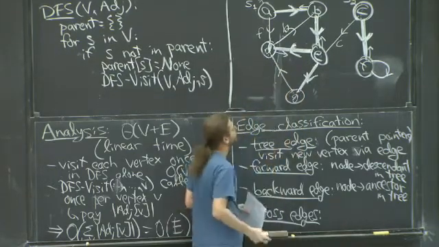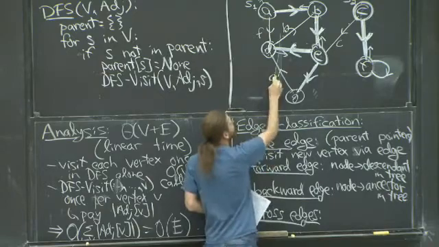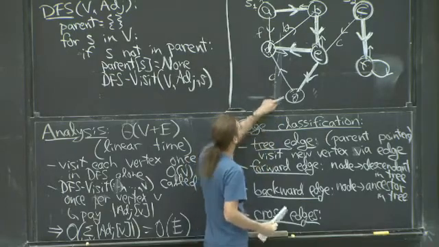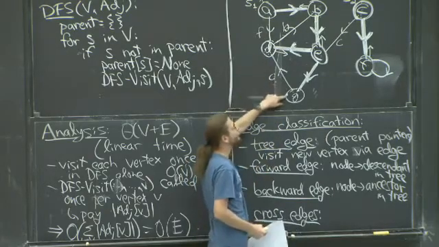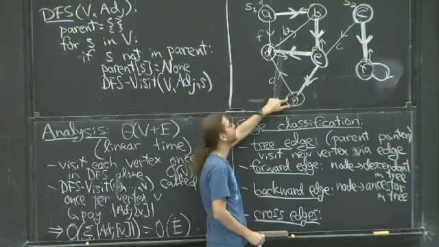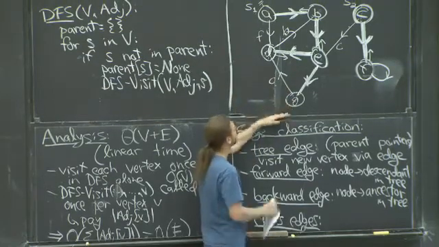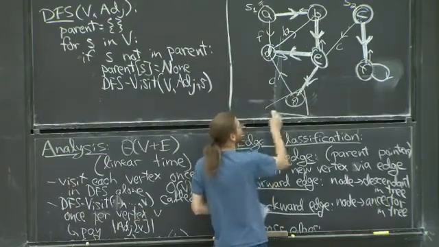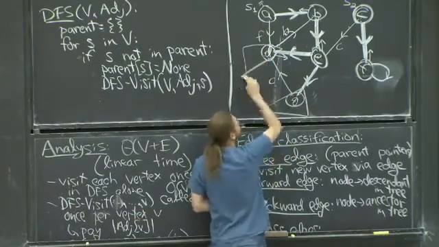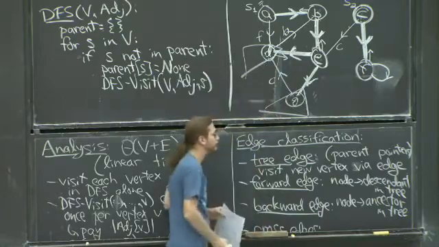If this edge existed, it would be a cross edge, because G and D are not ancestor related. Neither one is an ancestor of the other. They are siblings, actually. Okay, so in general, there's going to be some subtree over here, some subtree over here, and this is a cross edge between two different subtrees.